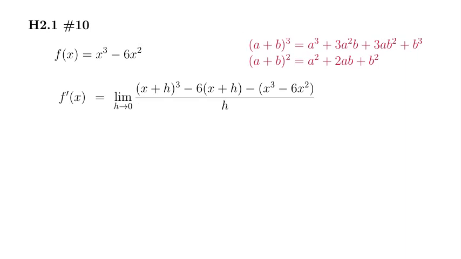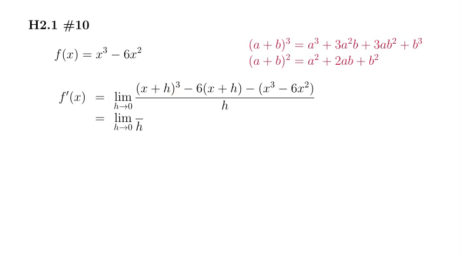To multiply out this cubic part, I'm going to use this formula: a plus b quantity cubed is a cubed plus 3a squared b plus 3ab squared plus b cubed. So x is my a here and h is my b there. Let's multiply out.